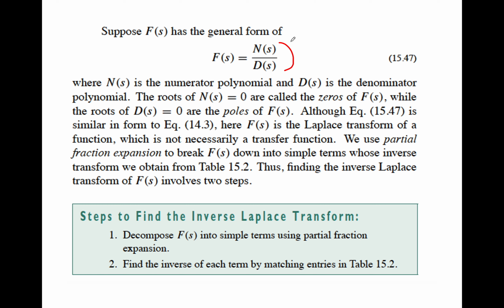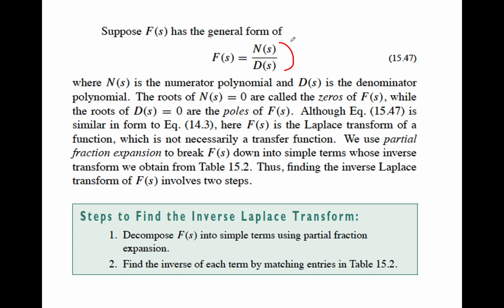The numerator more gives you things like what is the relative contribution of each of those functional forms to the final result. So we can tell what kind of response a system represented by a differential equation in f of t is going to have by looking at the poles, or the roots of the denominator.